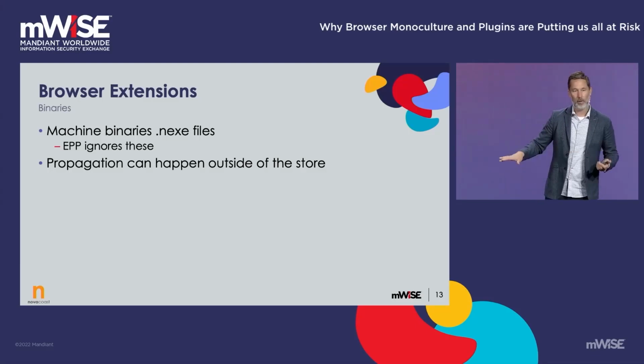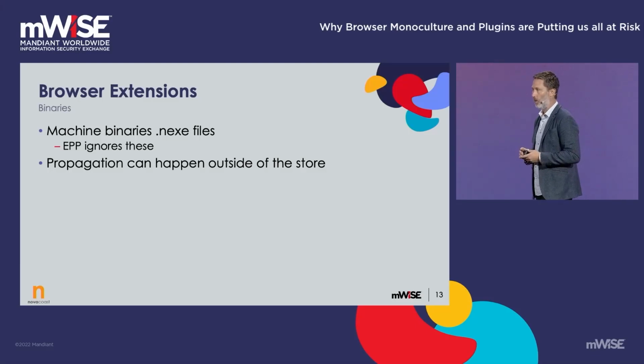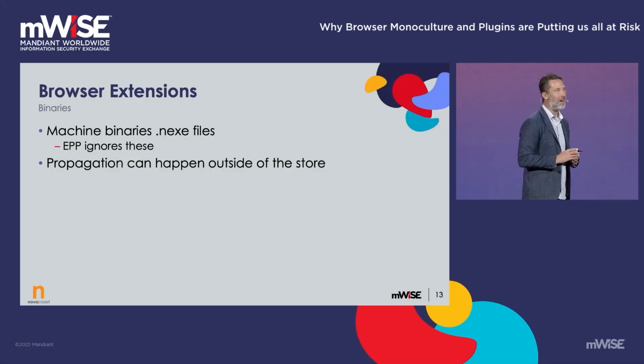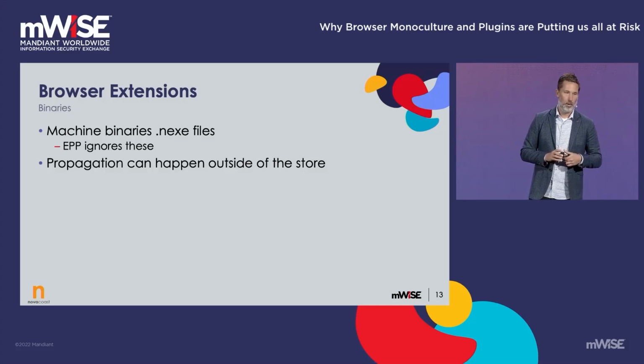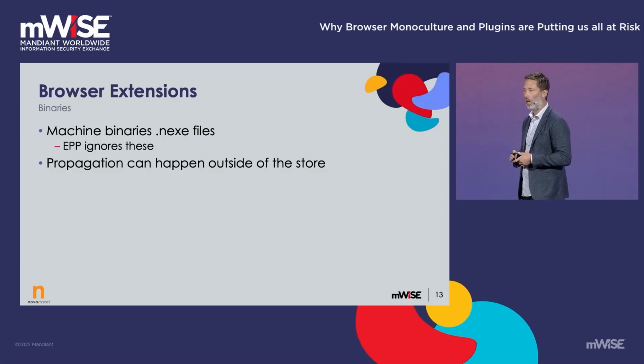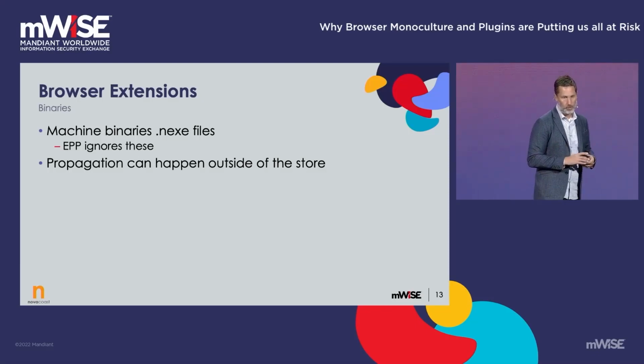So now you have all these unchecked binaries with executable privileges running on the machine inside the browser that can make whatever calls they want, right? Can't cover everything at an OS level, but you can do a lot of bad things inside the browser with binaries. And EPP ignores these. They don't know what to do with them. So you're running blind inside your browser with this.